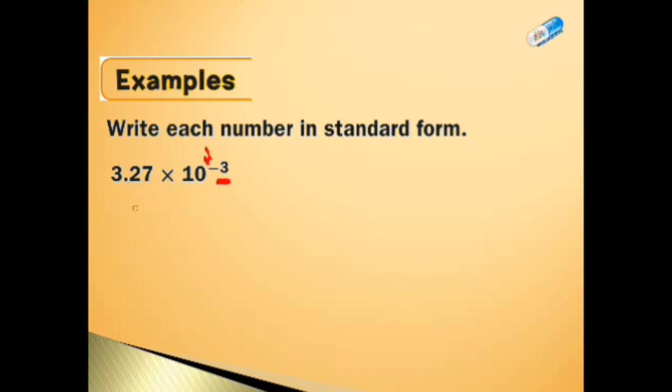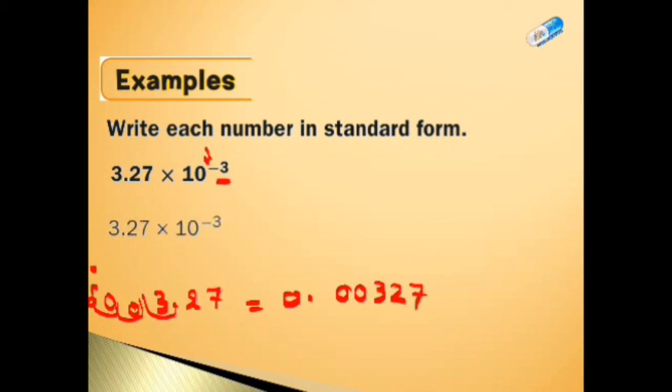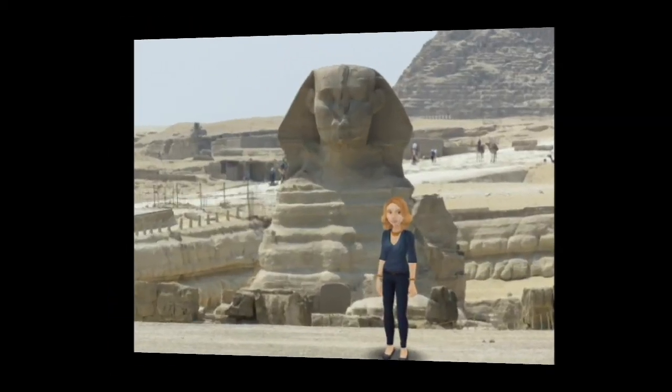I will write it here, 3.27. I will move it 3 places. This is 1, put a 0, 2, put a 0, and 3, and put the decimal point and 0. So the number will be 0.00327, like this.